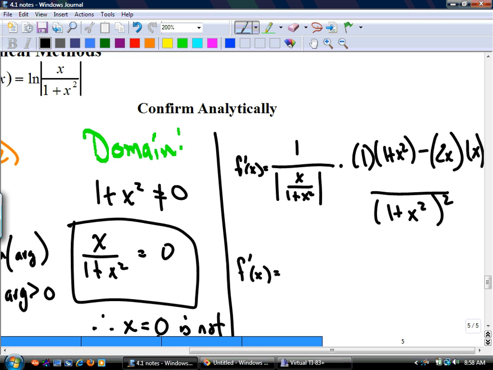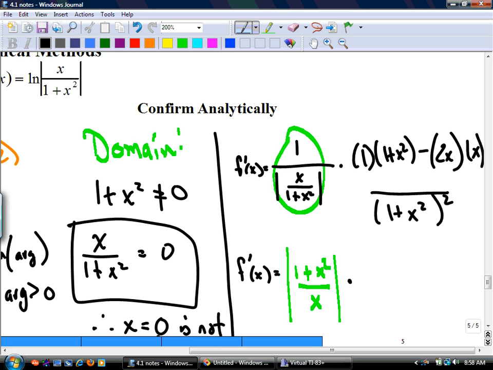Okay, now we're going to clean up some more. Somebody had a discussion with me already about this. You could just do this. One over all of that is just the reciprocal of that, right? 1 plus x squared over x.